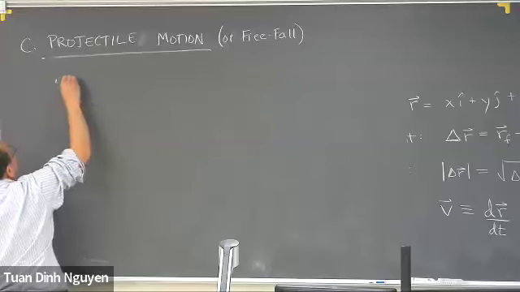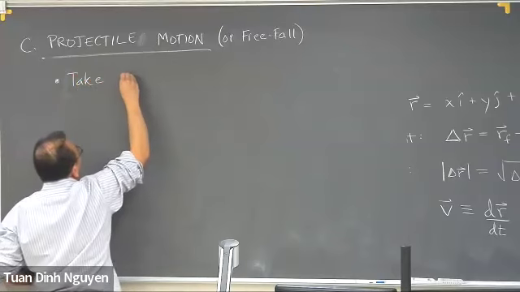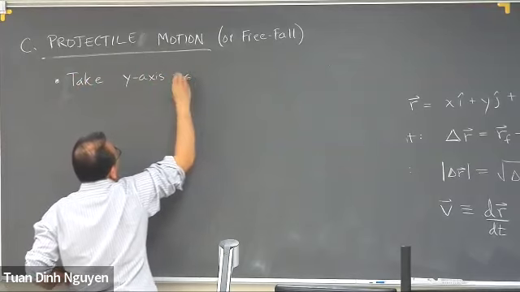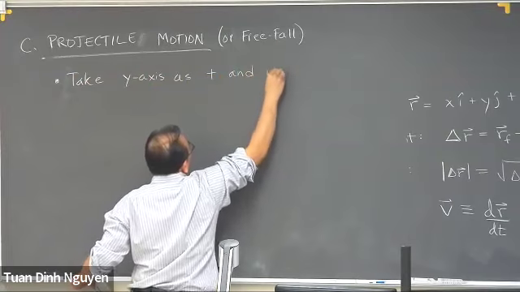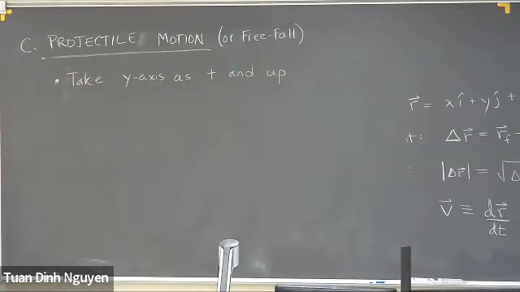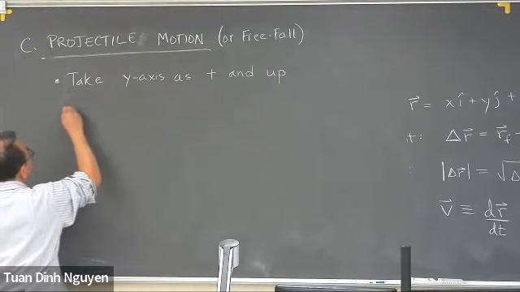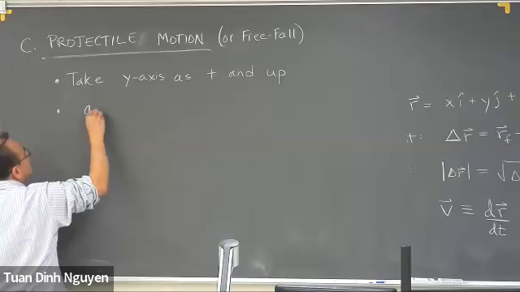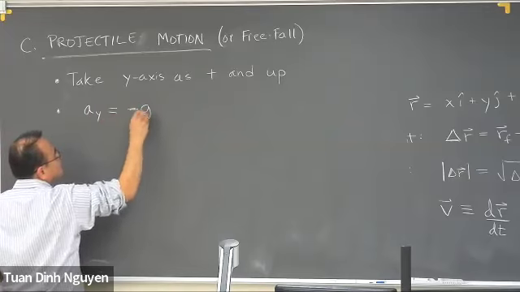First of all, we take the y-axis as positive and up. So going up is going to be that direction, y, and going to be positive. For those equations we wrote down, that means a y is minus g.